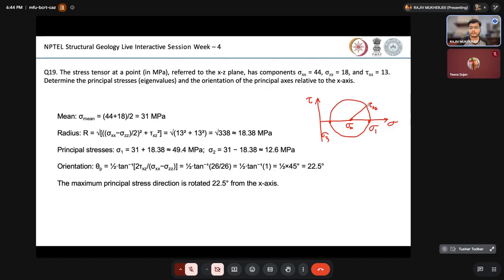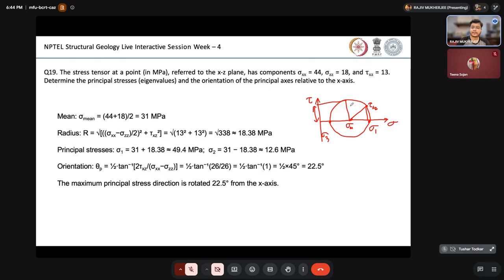So you calculate what will be the normal stress for this shear stress value given, and you also calculate the radius from the maximum shear stress. So this is the maximum shear stress that you can get.